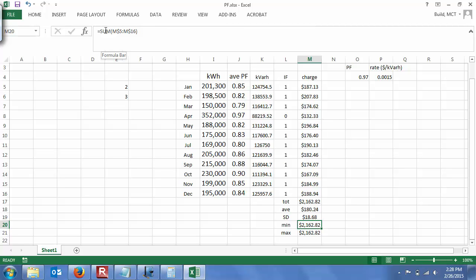Oh, for real? I think my computer is stupid. Equals sum. Okay, you can just do simple math. Do simple math. Let's just do these two. Let's just see where it breaks.